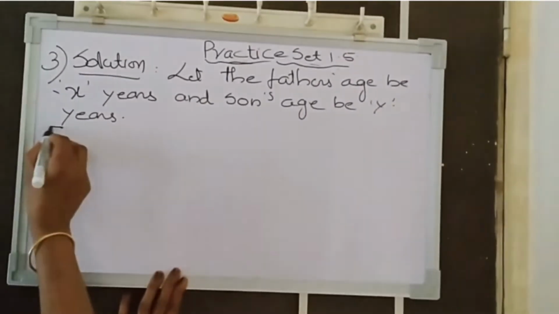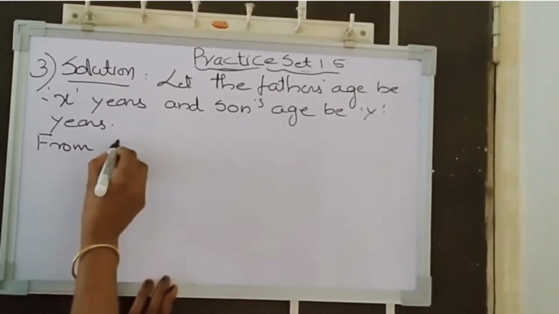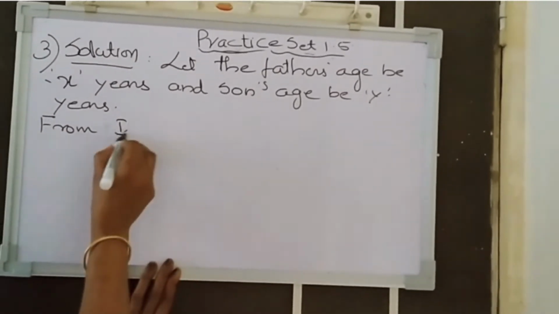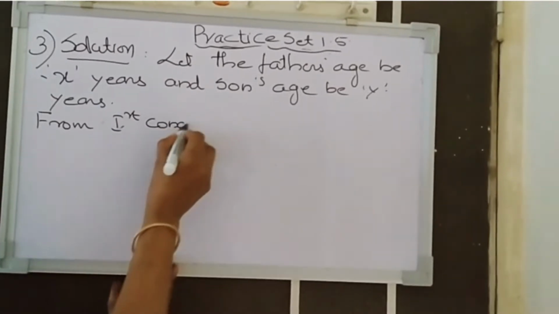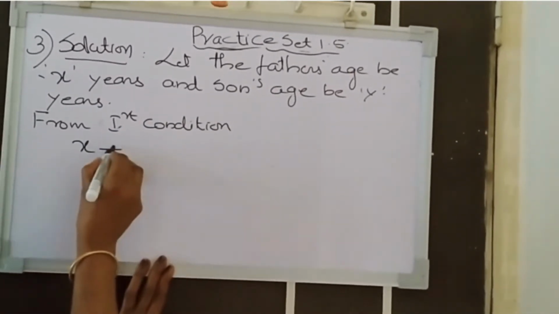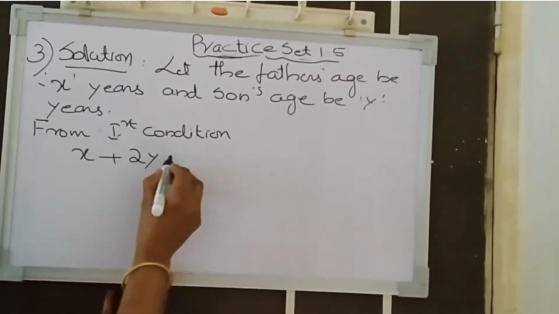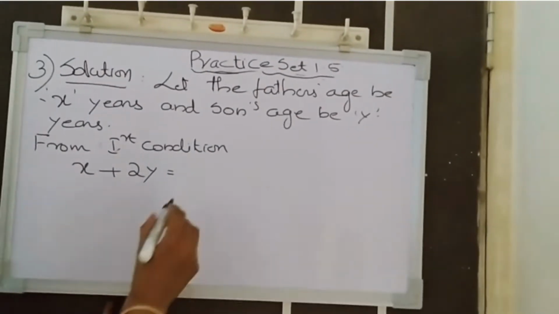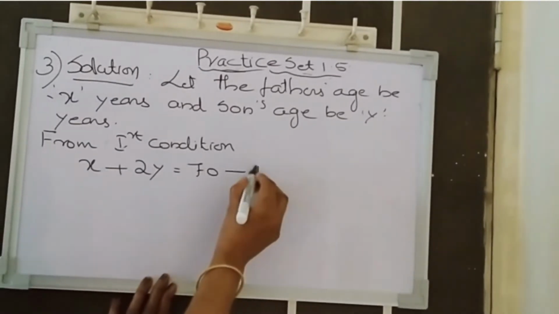Therefore, from condition 1, sum of father's age and twice the age of son equals 70. This is equation number 1.